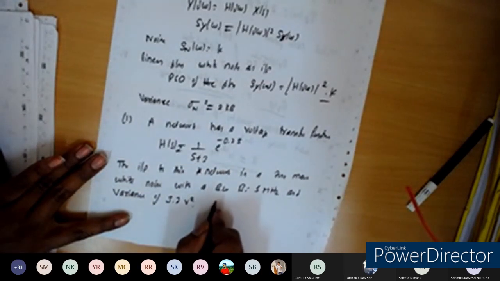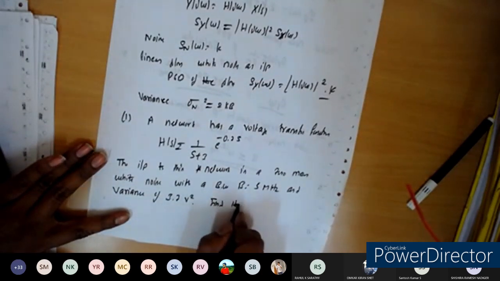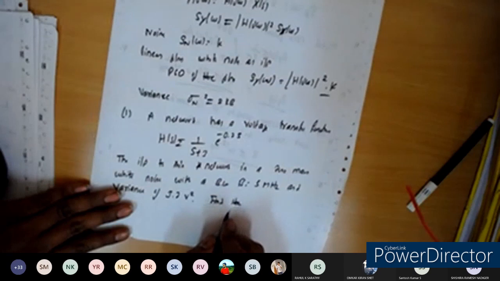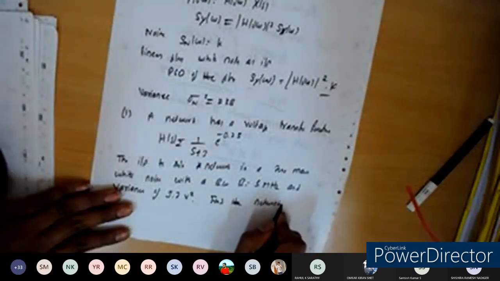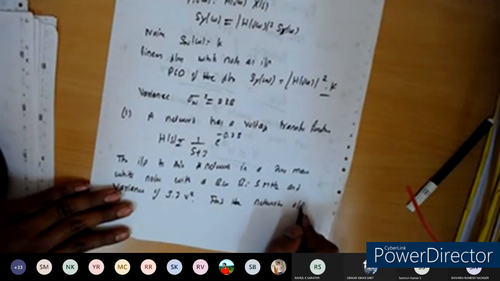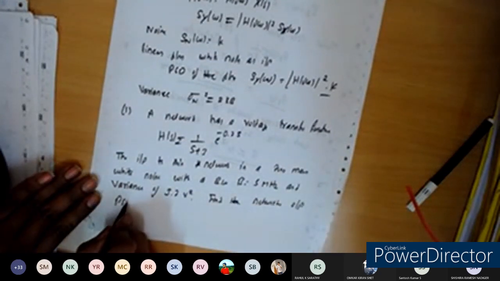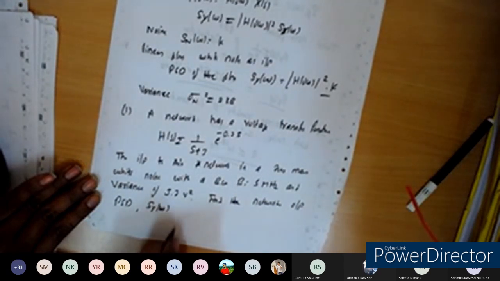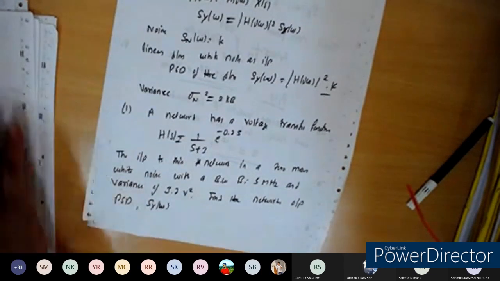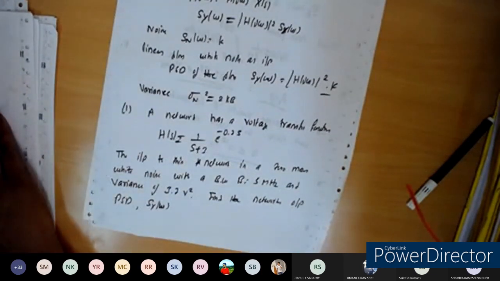Find the network's output power spectral density, Sy of omega.